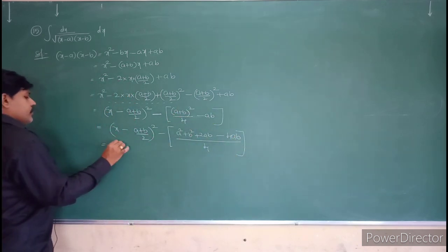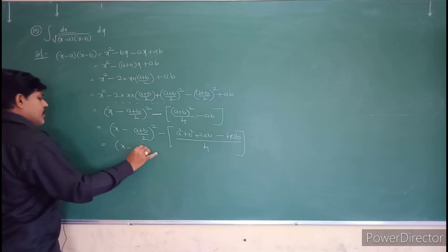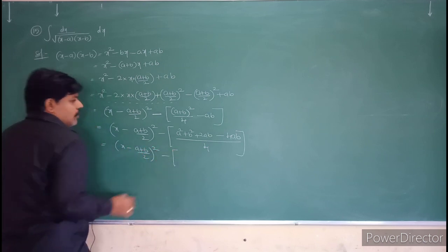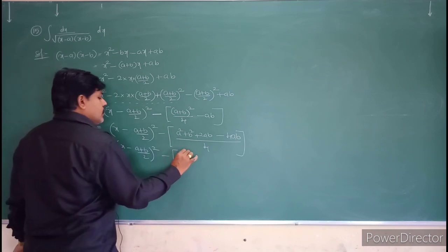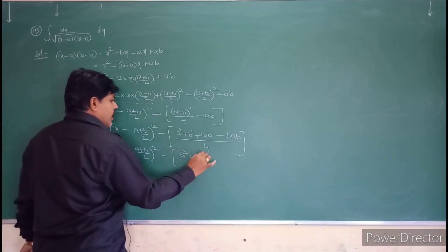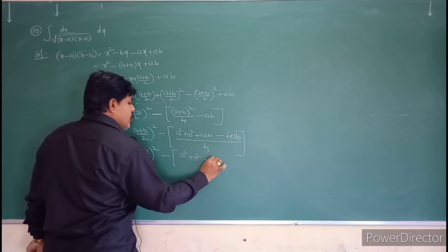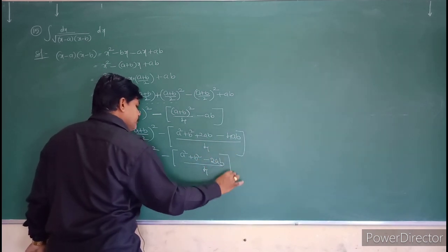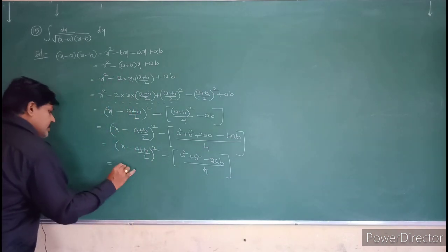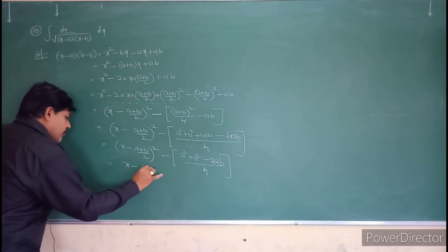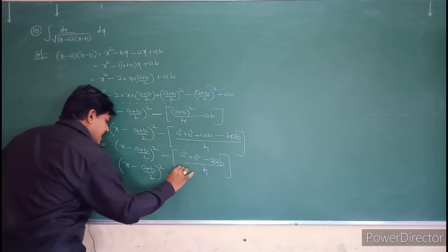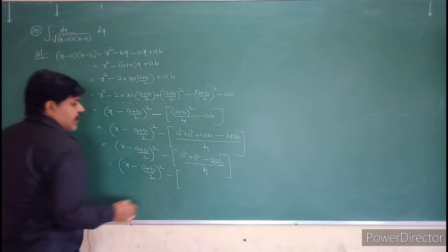So what happens? X minus (a plus b by 2) whole square minus of (a square plus b square plus 2ab minus 4ab) by 4. So that is equal to x minus (a plus b by 2) whole square minus this value.